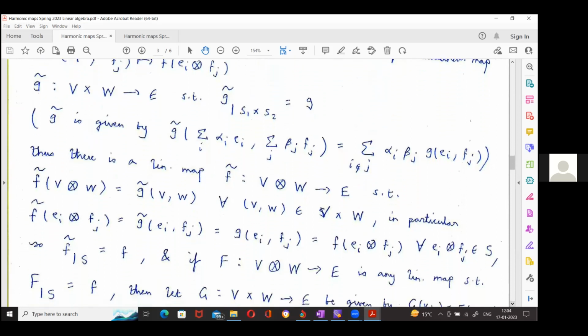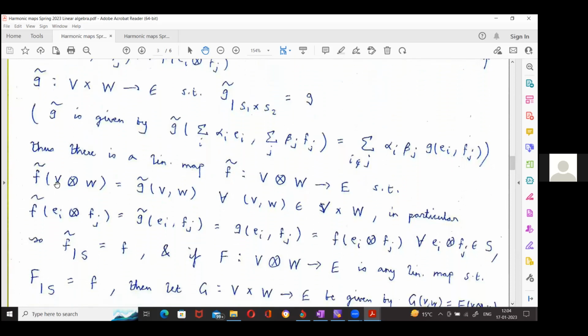So in particular, this is true for all V comma W in V cross W, and in particular for all pairs of the form EI comma Fj. So I get that F tilde of EI tensor Fj is equal to G tilde of EI comma Fj, and that by construction is equal to G of EI comma Fj.